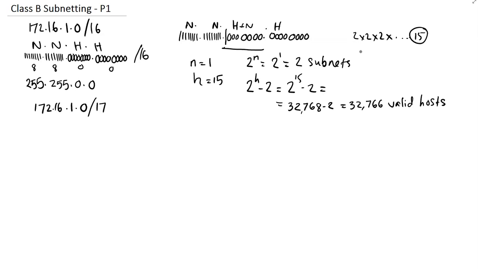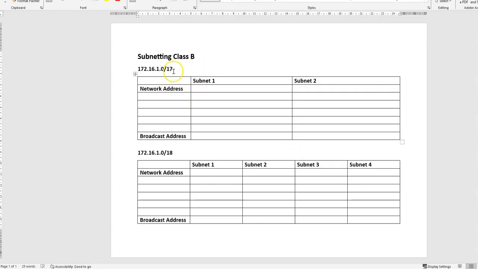But the second thing to do is, what's the block size? And the block size is calculated from here as well, same as we did the calculation. If we get a table and now put the value 17, the network address will be the first IP from that subnet.